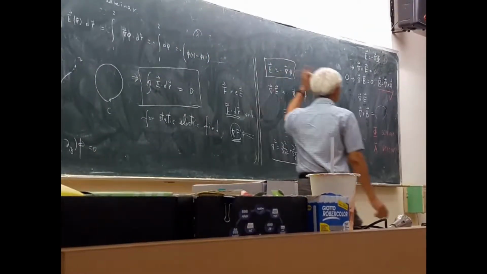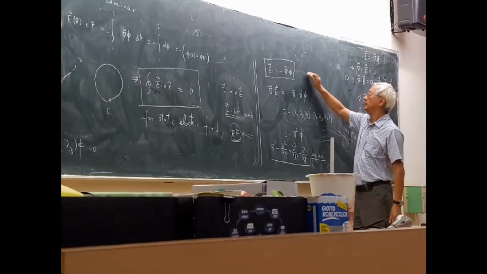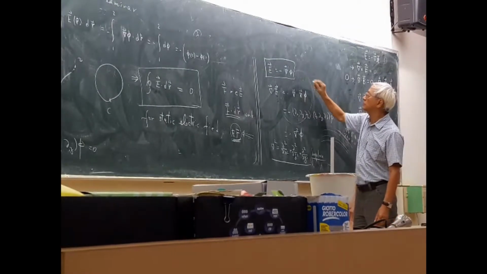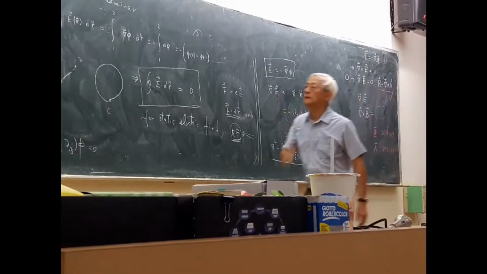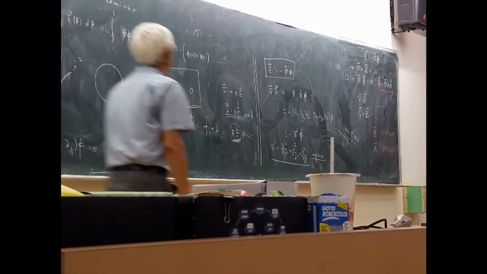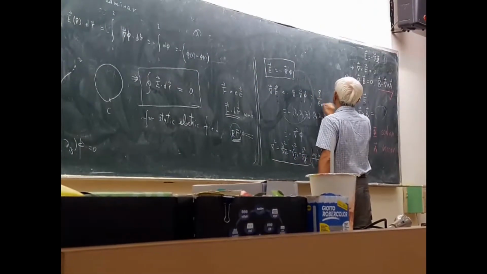If you calculate that, we know that divergence E is equal to rho over epsilon naught.